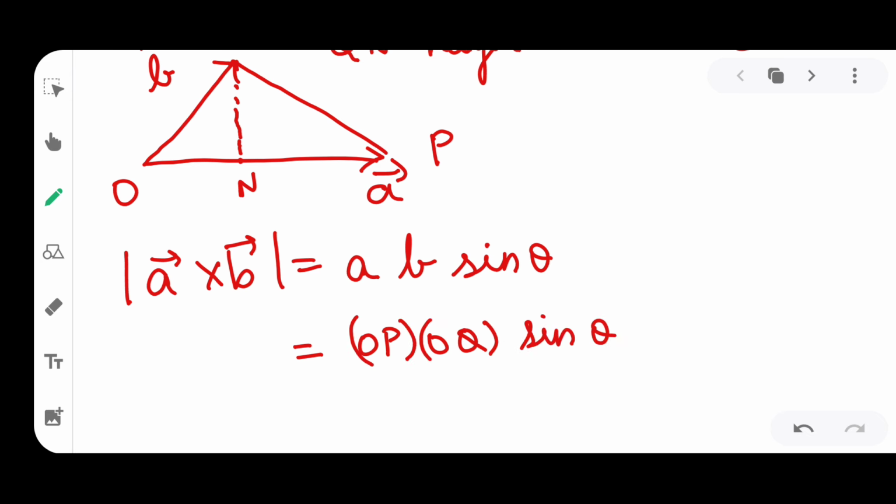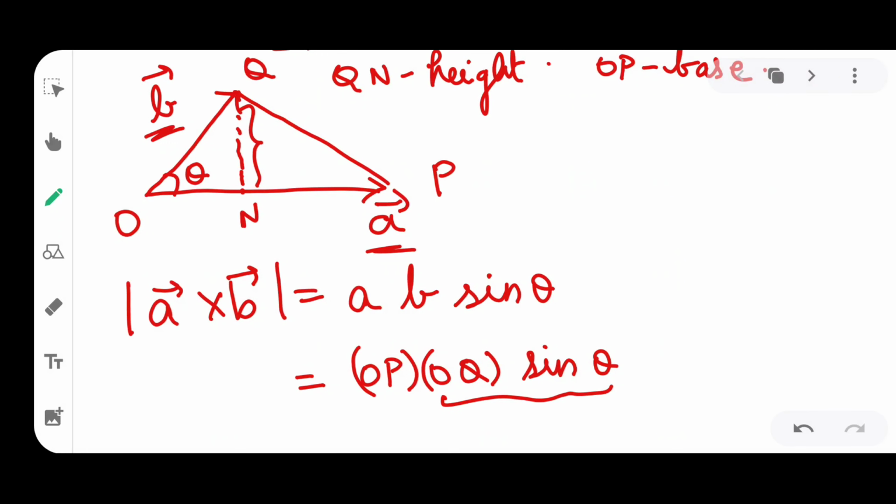Now, what is this OQ sine theta? OQ sine theta represents ON. Yes or no? Because if we consider this as the angle theta, which is the angle between A vector and B vector, then we can say that ON is equal to OQ sine theta. Simple as that.